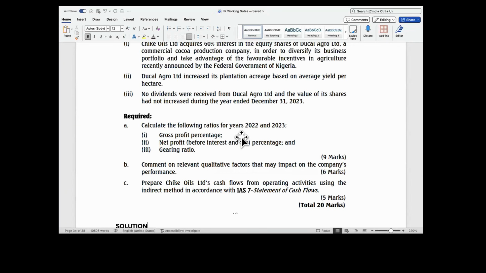So apparently, each ratio is 3 marks each. And since you are calculating each ratio for 2 years, that should be 1.5 marks for each year. Okay, that's reasonable.